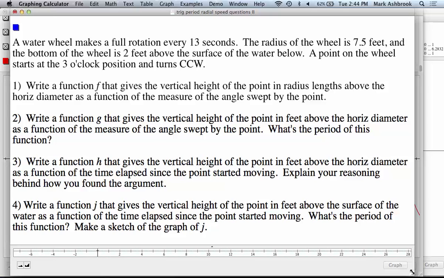So here's the temptation. You just grab all the numbers out of the thing and throw them in a formula. If you're doing that, it's not right. You've got to think and connect it to what we're doing. What's the input in number 1? The angle swept counterclockwise from the 3 o'clock position, right? What's the output?